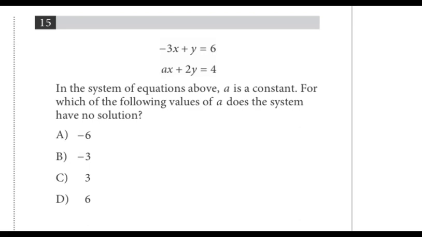So we're going to multiply the top row by -2. Now we can multiply either the top row, the bottom row, or both rows, anything that makes them cancel when we add them together, and I'll show you what that means. So let's multiply each term. -2 times -3x gives us positive 6x. -2 times y is -2y.